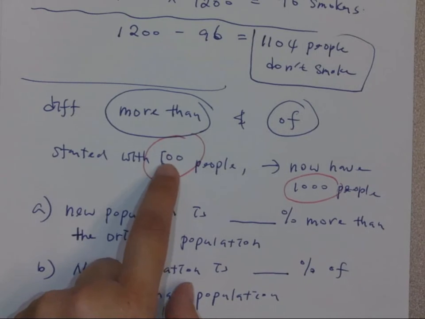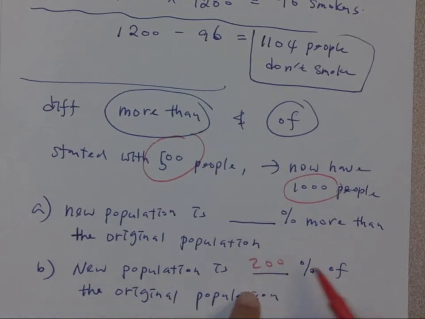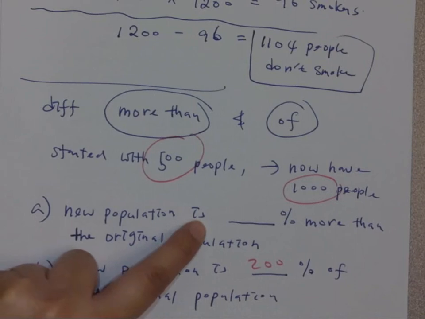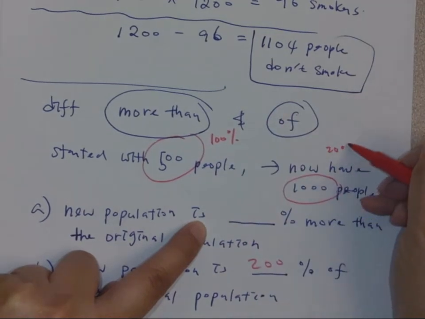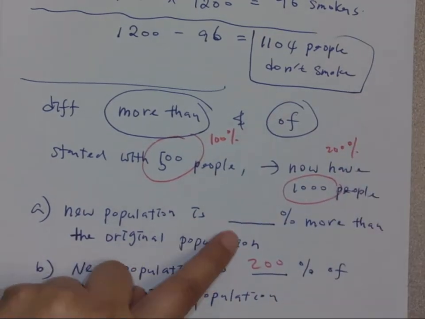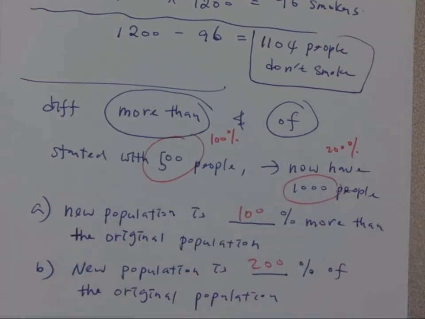If this is 100%, this is 200%. So this is going to be 200% of the original, right? But how many percent more? If this is 100% and this is 200%, then it's 100% more than the original. You guys have a hard time with this.